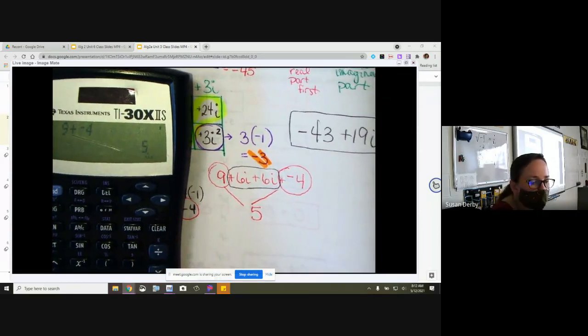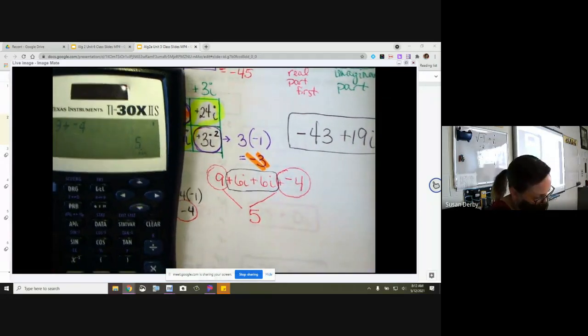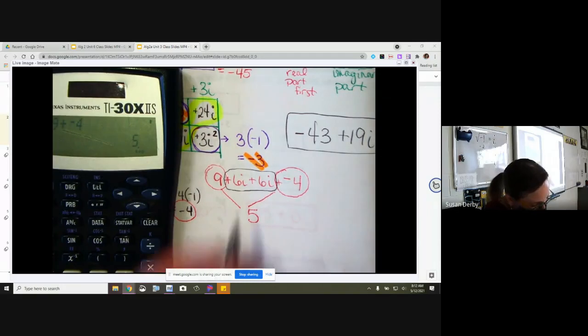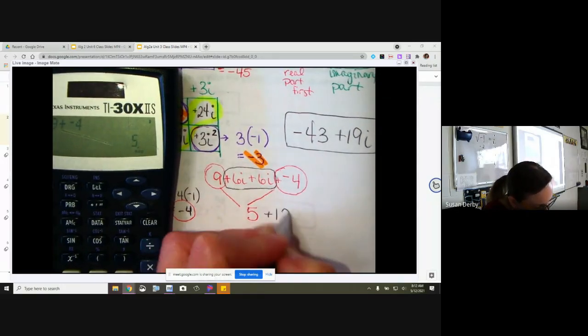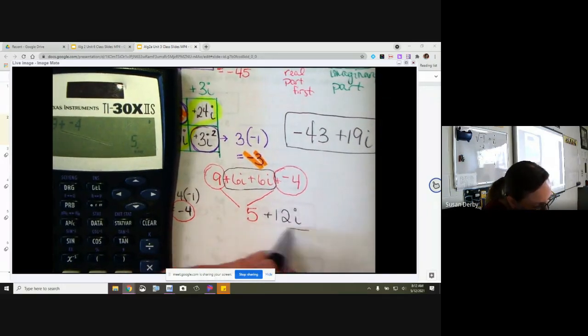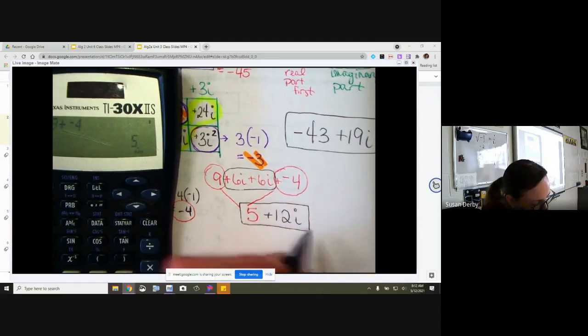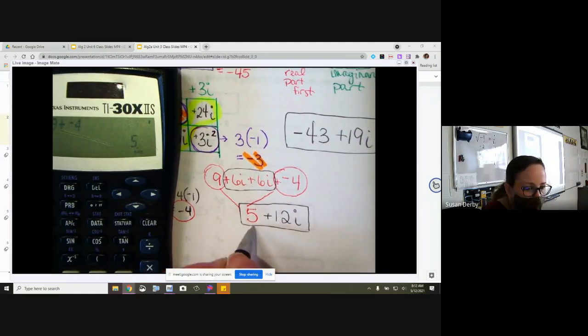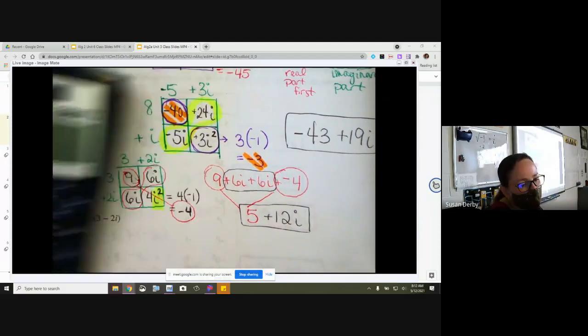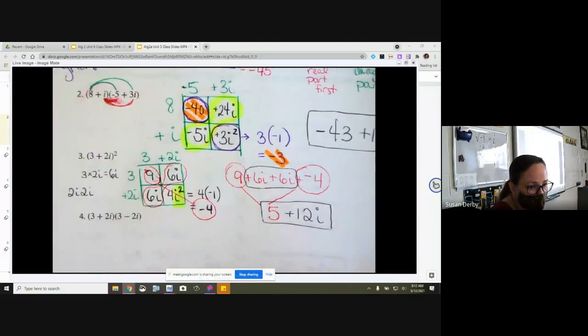Six i's plus 6 more i's would give us 12i. Keep that real part first, imaginary part second, and we've got a fantastic answer.